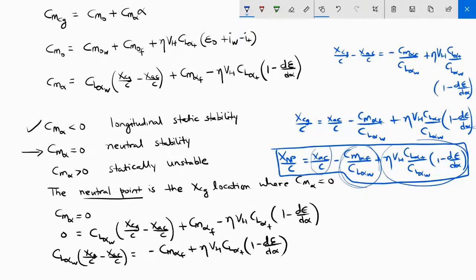If the center of gravity location, if xcg is greater than the neutral point location, then this will make Cm alpha positive, and that means the aircraft will be statically unstable.